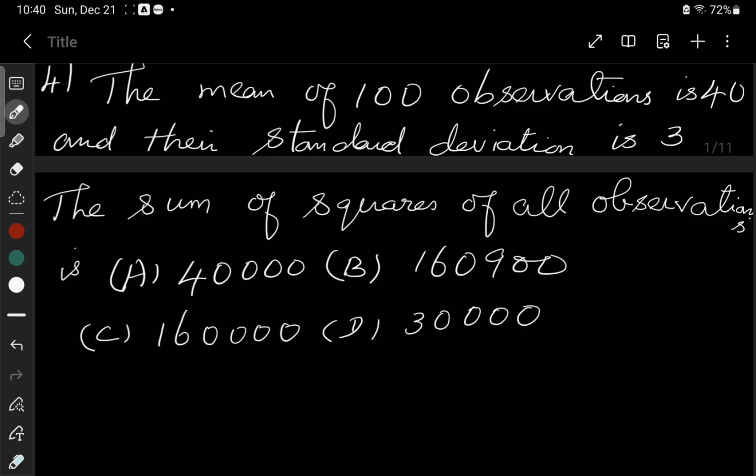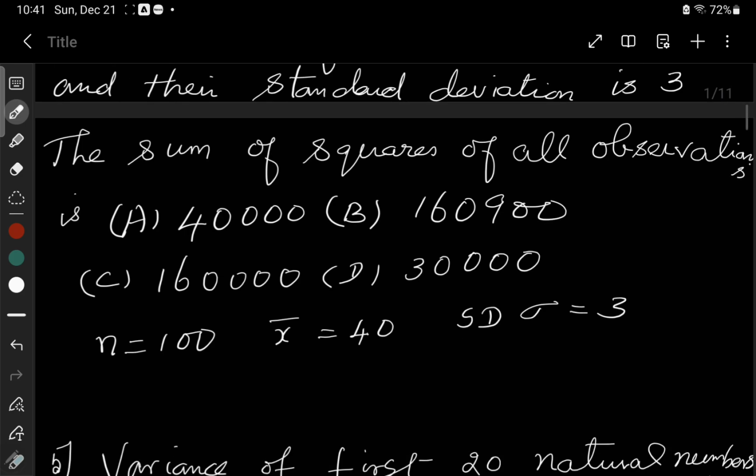Next, the mean of 100 observations is 40 and their standard deviation is 3. Find the sum of squares of all observations. Here n is equal to 100, mean is 40, and standard deviation sigma is equal to 3. We need sigma x squared.